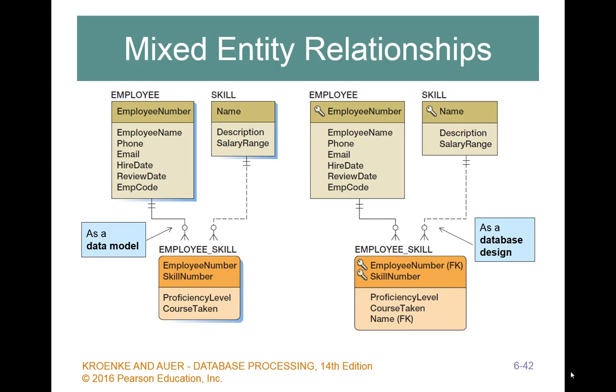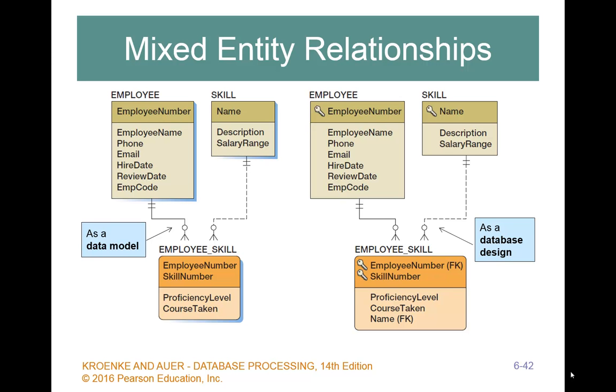between skill and employee, and the maximum cardinality between skill and employee, is both many. What we're going to do is create both an ID dependent relationship, with employee number included into the employee underscore skill weak entity, and then for the skill relationship, since it's not identifying, the foreign key for name is not included in the composite primary key, but it's added as a foreign key into our table.